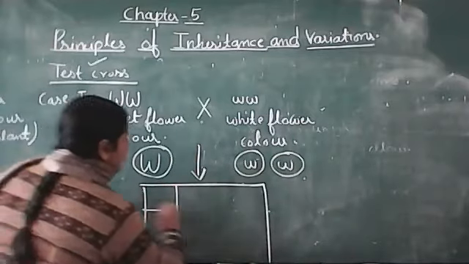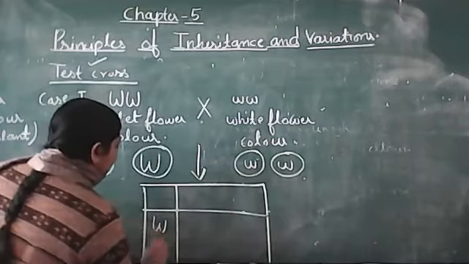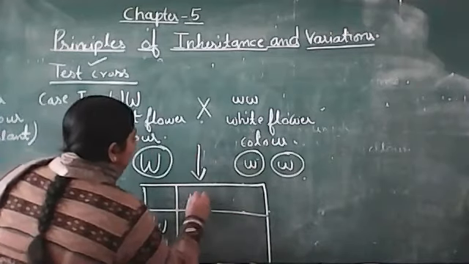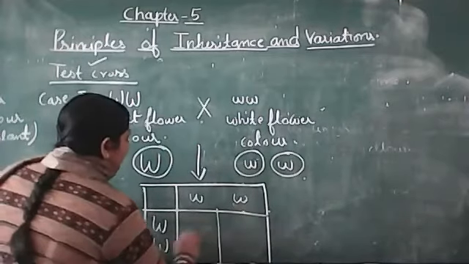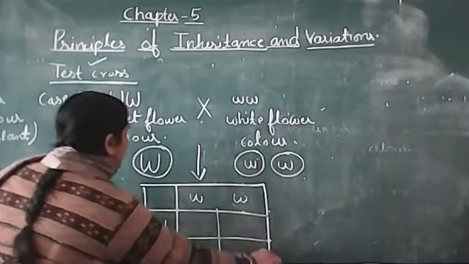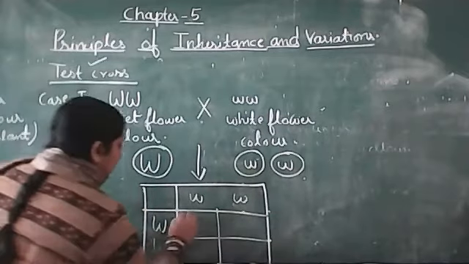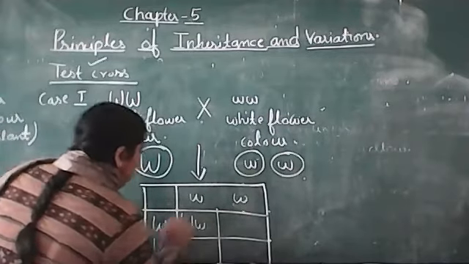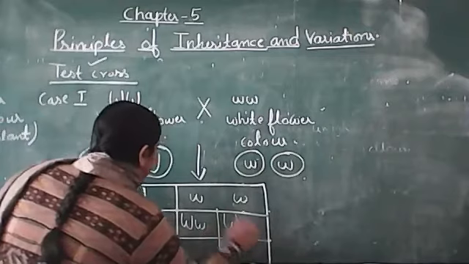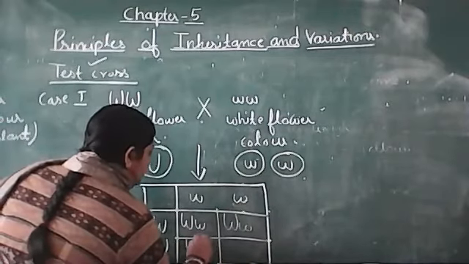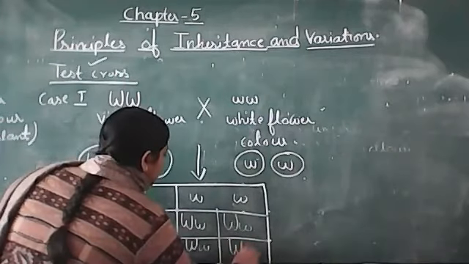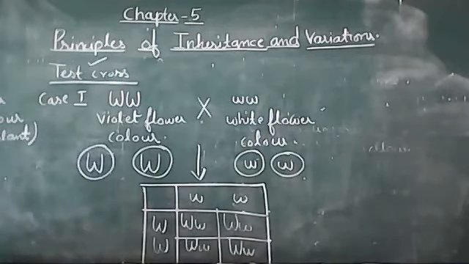So here in the Punnett square, we have capital W, and small w and small w. So we obtain four types of constitutions. One is capital W, small w, then capital W, small w, then capital W, small w, then again capital W and small w.